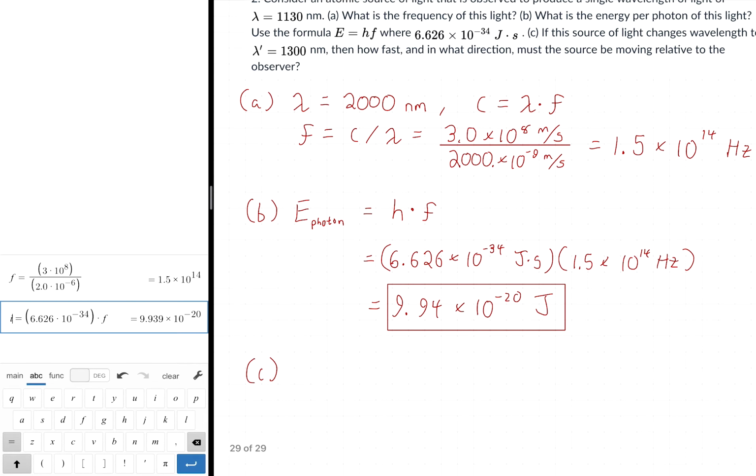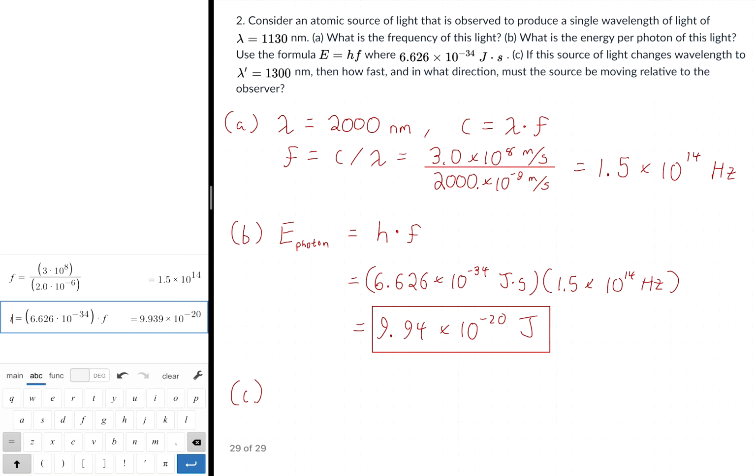Finally, something new: looking at the Doppler effect. The Doppler effect is the idea that if a source of light has a certain wavelength at rest, as measured in a laboratory or on Earth, and the source, like a star or a galaxy, is moving very fast relative to us, the observer on Earth, we'll notice that the same known wavelength from some atomic spectra or similarly well-documented source has shifted.